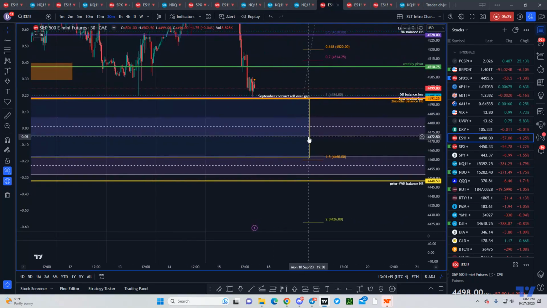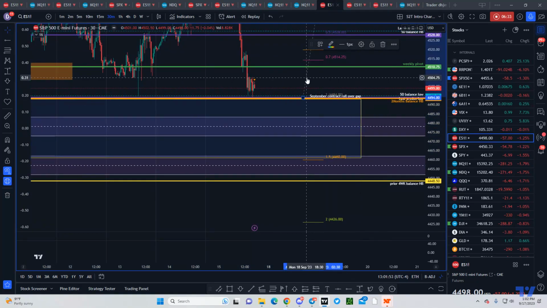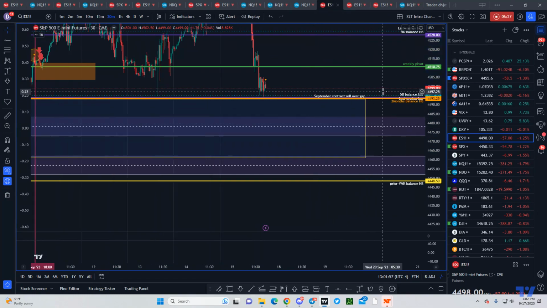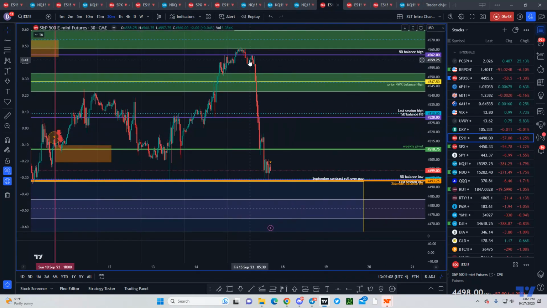So I'm going to bring this over here in this area and figure out what we've got. It's a lot of confluence right here in this zone. It's our last session low as well, and last session high. Trying to capture information. Last session high.